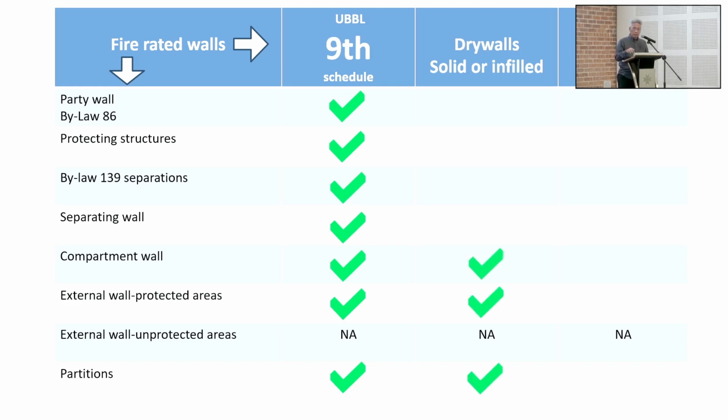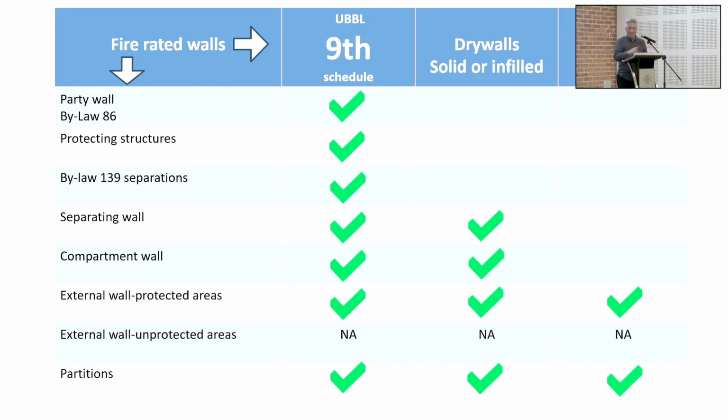Then for drywalls and solid infill, up to separating walls, compartment walls. But bylaw 139 separations, out of bounds. Protecting structures, out of bounds. And party wall, out of bounds. And for drywalls, just drywalls, not classified as solid or infill, that's another story that maybe Knauf will be in a better position to tell as to how we classify something as solid and infill.